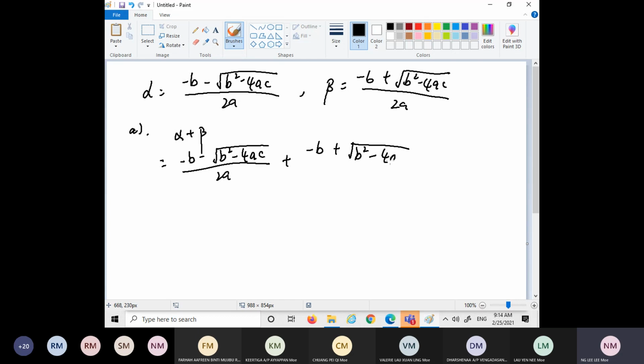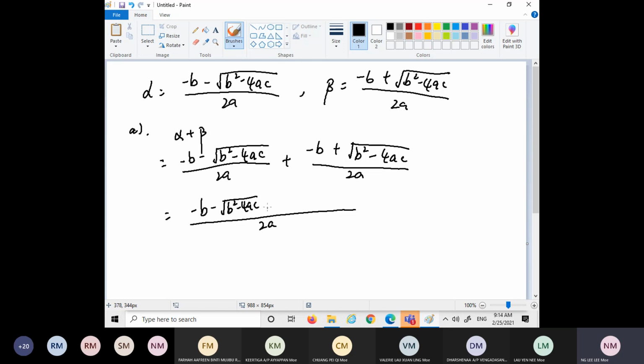If your basics of maths are not strong, all this feels very scary. But a fraction plus a fraction: you check the denominator. The denominator is the same, so you can combine into one fraction, and the numerator you just copy. This is plus. Be careful: if this were minus, the sign here would have to change.